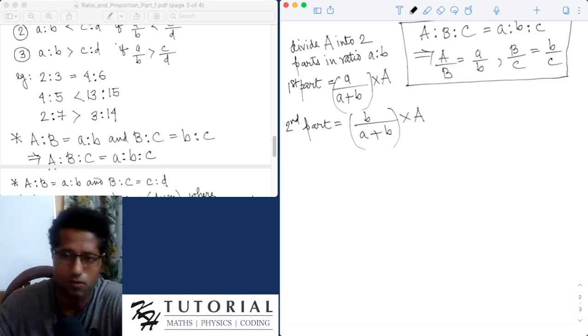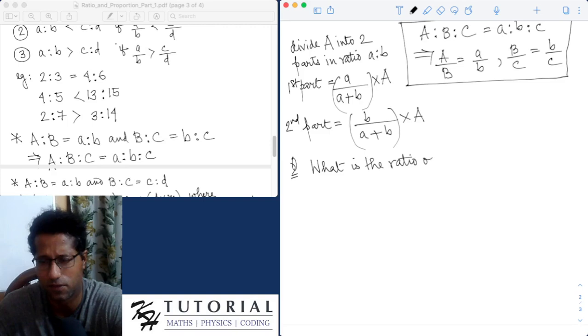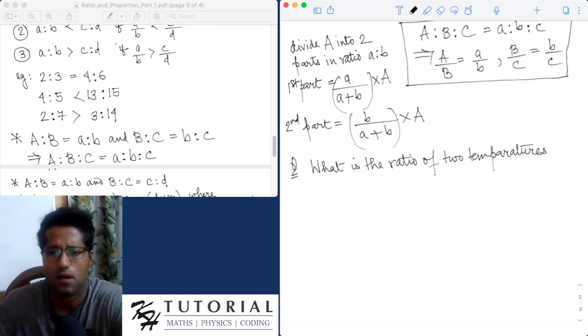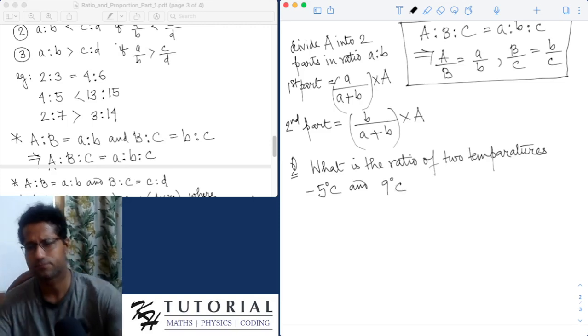So the question is, what is the ratio of two temperatures, minus 5 degrees centigrade and 9 degrees centigrade?